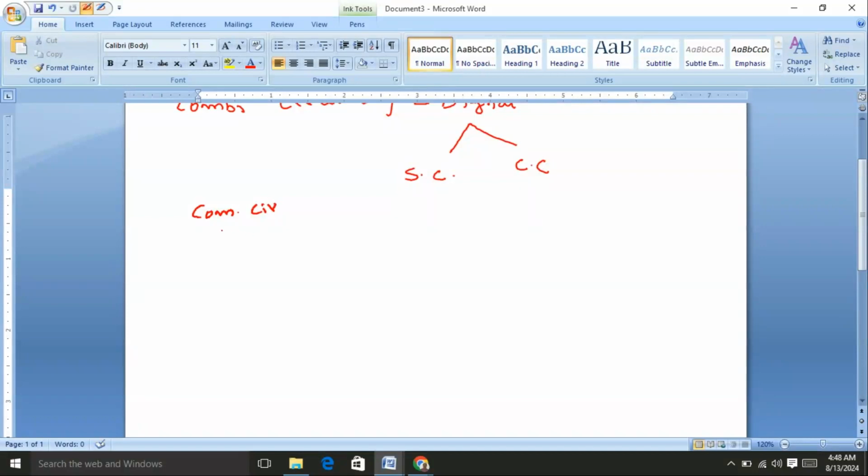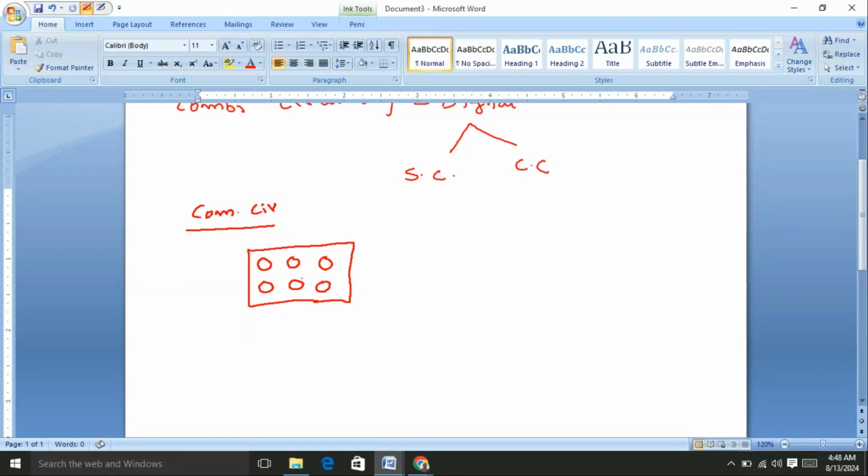Combinational circuits are a pure connection arrangement between the various digital elements within them. So let us consider this is the combinational circuit. In this combinational circuit, there are several small digital components.